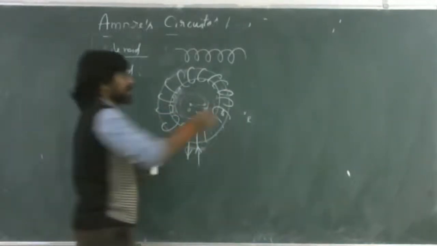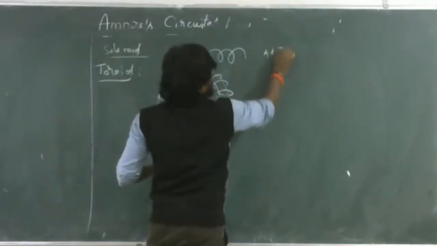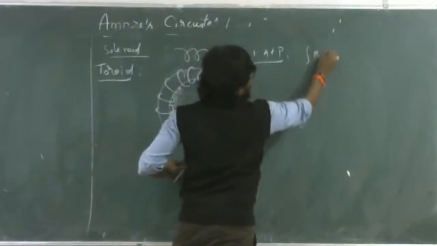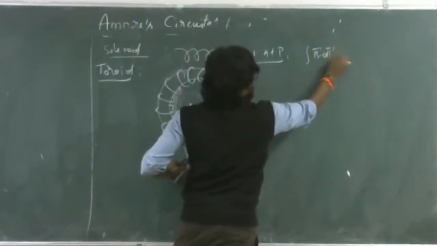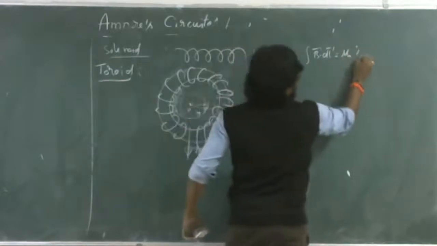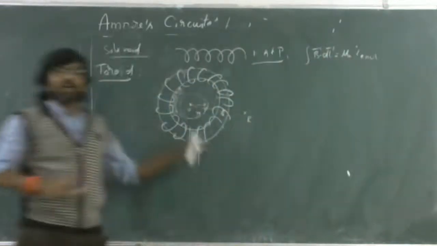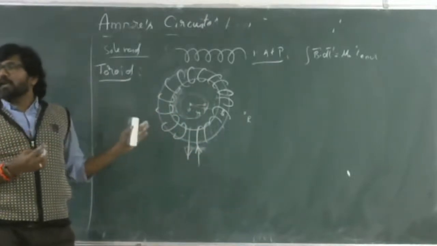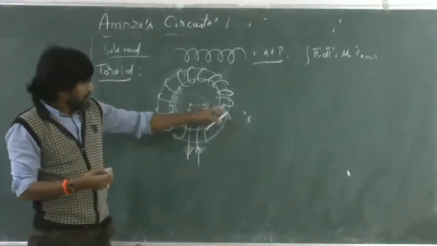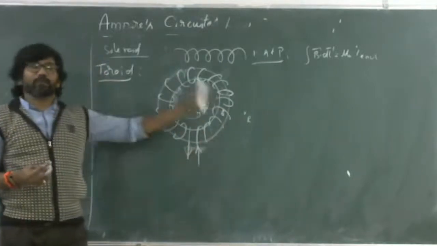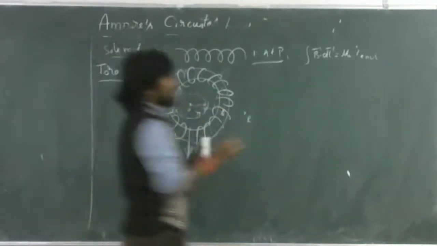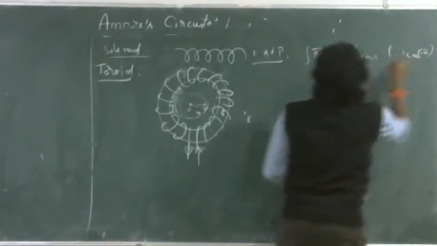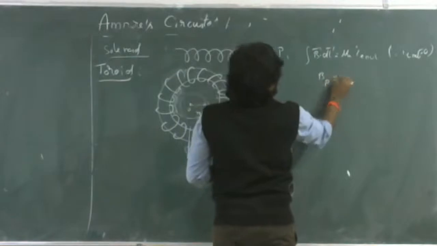So simply, I can say at P, the closed integral of B dot dl vector is equal to mu naught into I enclosed. Here I enclosed is 0. So inside the toroid, which is not inside the axis part of this core, because I enclosed is equal to 0, you can say B at P is equal to 0.